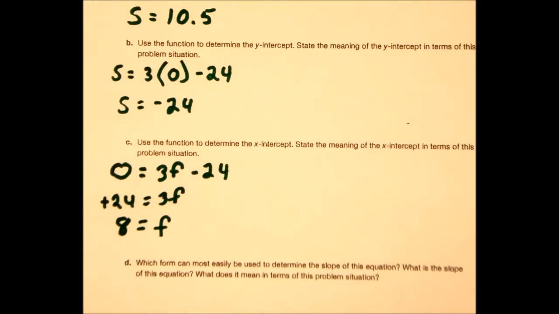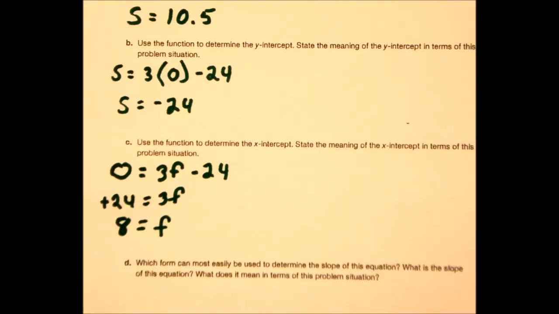All right, and that tells me the length of the foot in inches when my shoe size is 0. So 0 is going to be the shoe size when a man's foot is 8 inches long.